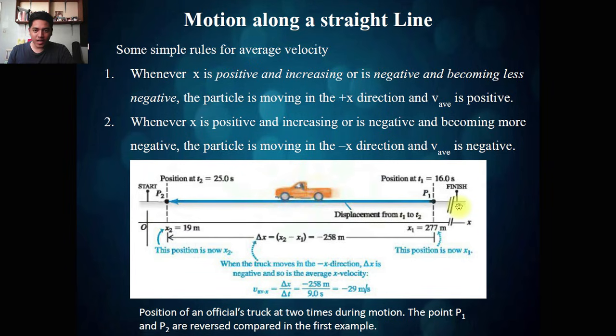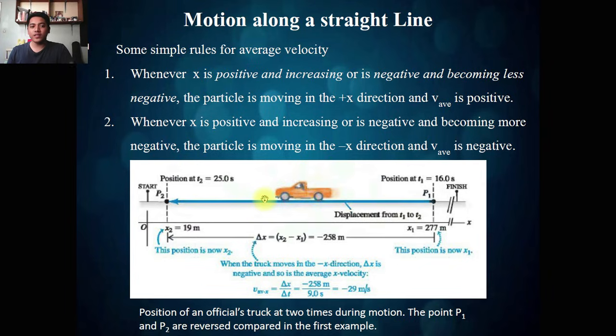From the finish line, here labeled as point 1, P sub 1, the truck is 277 meters away from the starting point. That is at 16 seconds. But it traveled to the left, and it reached position 2 at time equals 25 seconds.